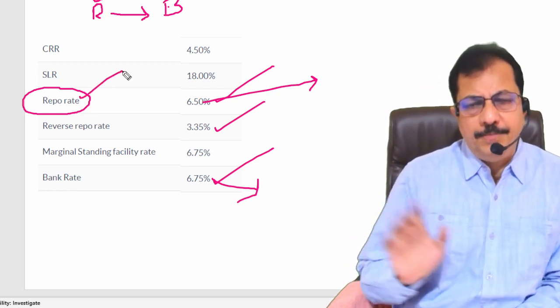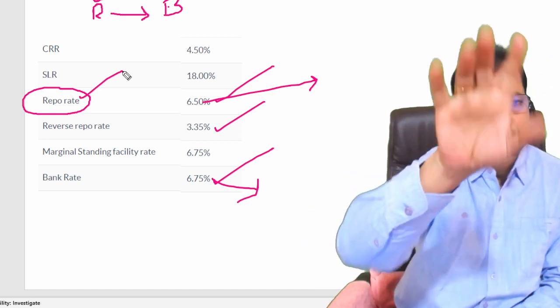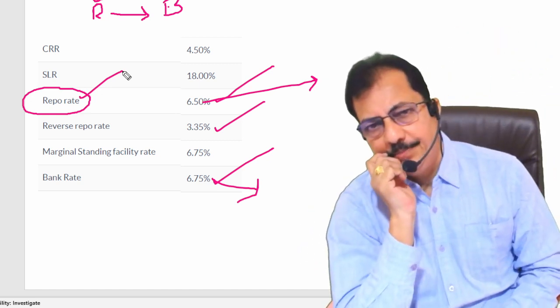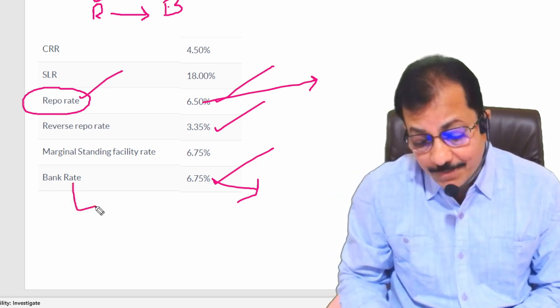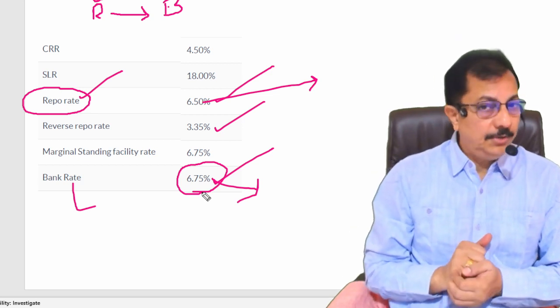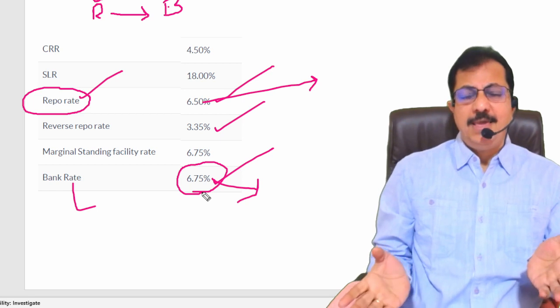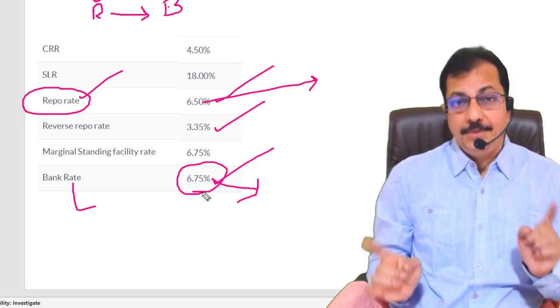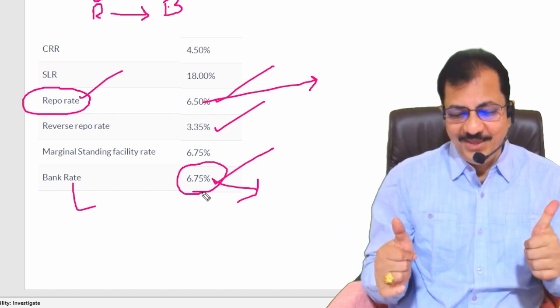You have to pay 6.5% interest to the RBI; that is called the repo rate. But if it is long term, that is called bank rate, and bank rate is 6.75%. One is short term, but the purpose is one and the same. Clear? If you are comfortable, I'll be going ahead.